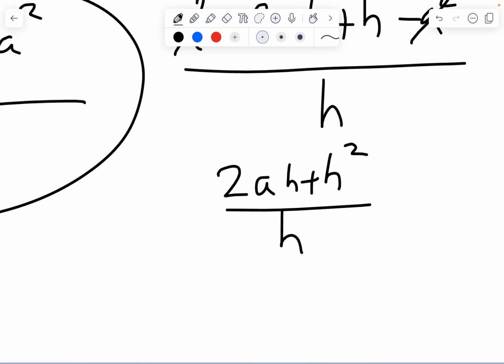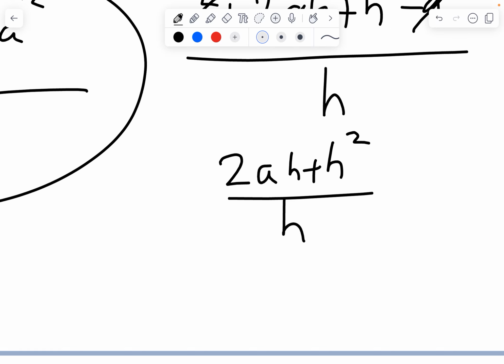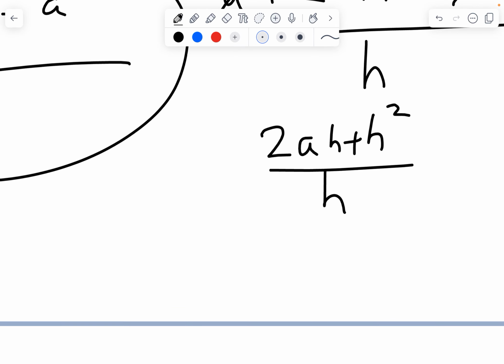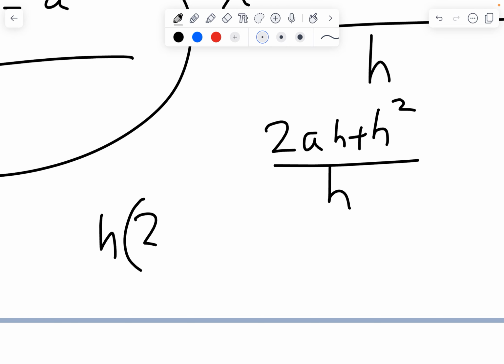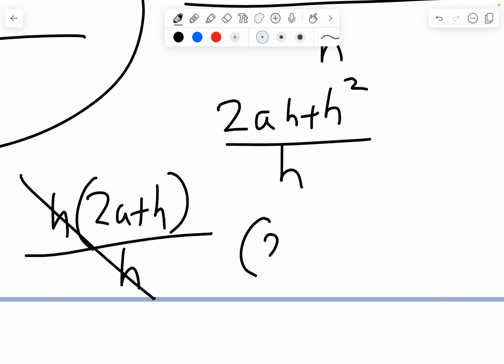And, well, first let's remember, h tends to 0. So if we were to just leave it here and say, okay, h practically is equal to 0, anything divided by 0 doesn't work, it's undefined, right? So this would not work. So we first have to factor out an h in the numerator. And that becomes h times 2a plus h in the numerator over h. And we can cross those out, and we're left with 2a plus h.